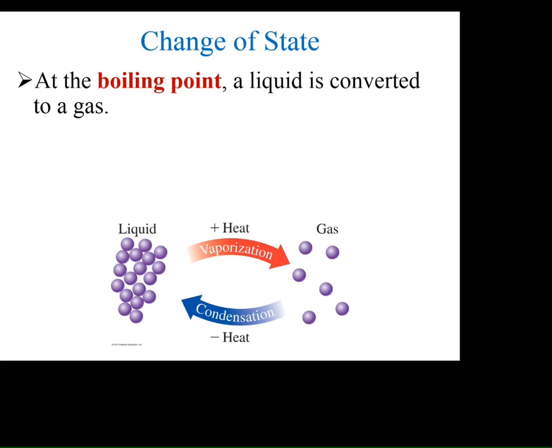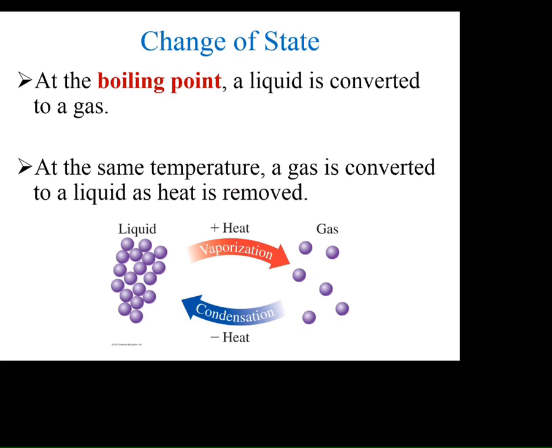A liquid going to a gas is called vaporization, or you might hear it called evaporation, and that happens at the boiling point. And then the reverse of that, when you turn it back, is called condensation.